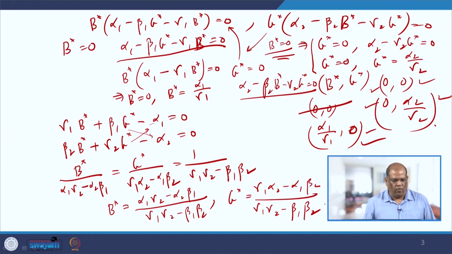So, you have 4 points of equilibria, and let us now go for the stability analysis. For the existence of these points of equilibria, this is 0, 0, this one is clearly positive, this one is clearly positive, and for this last one both of them have to be positive, or both of them have to be negative, because B star and G star cannot be negative.